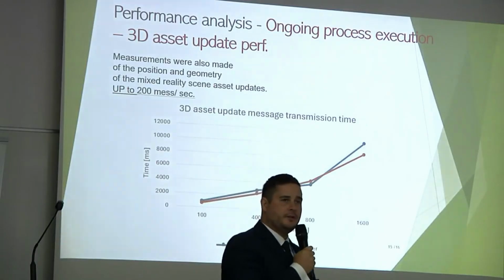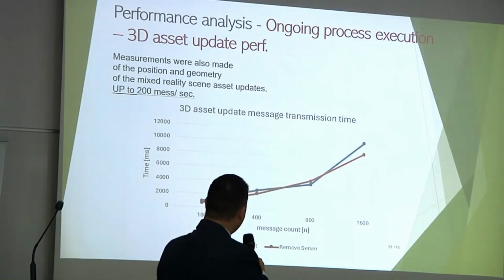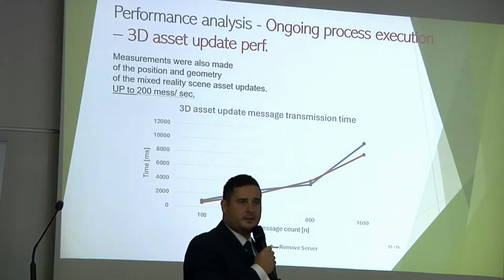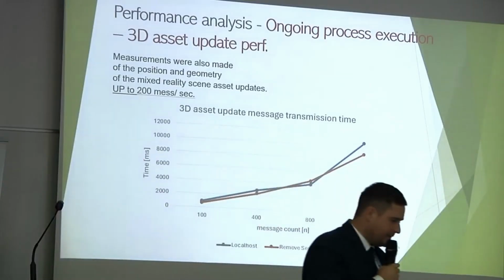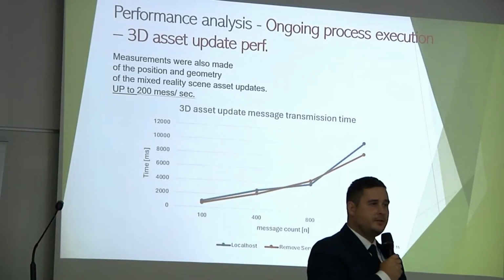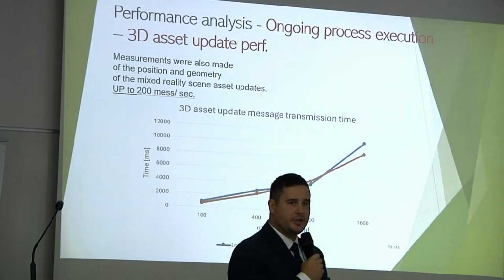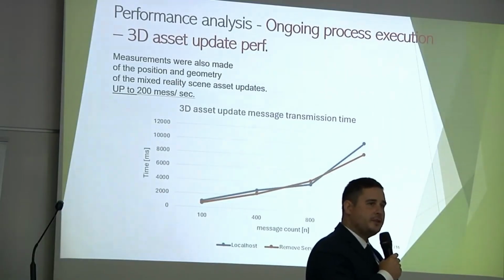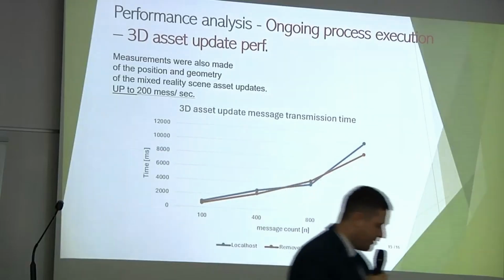So the performance is between 100 and 200 messages per second, which is quite a lot, but not sufficient for our purposes. So we decided to introduce some optimization like caching, use of binary messages to update the scene, and some compression algorithm.